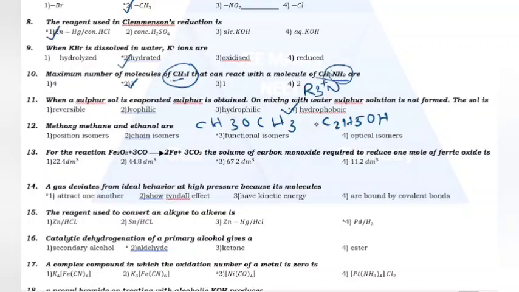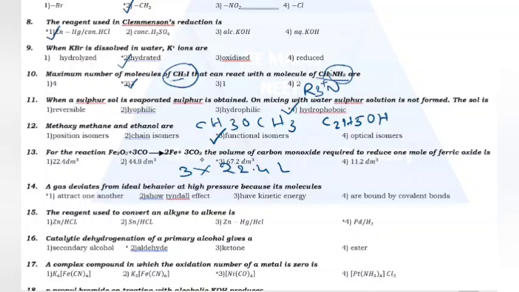That means 3 moles of carbon monoxide occupies 3 into 22.4 liters under STP conditions, right? So if we multiply, we get an answer as 67.2 liters. Here the dm cube is nothing but 1 liter.